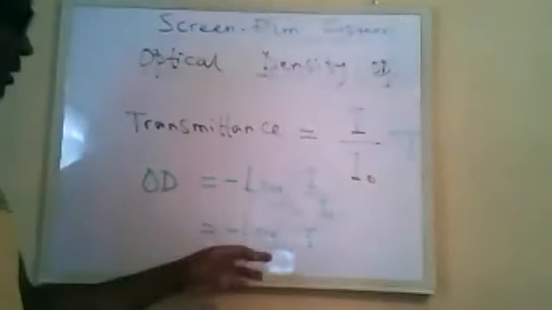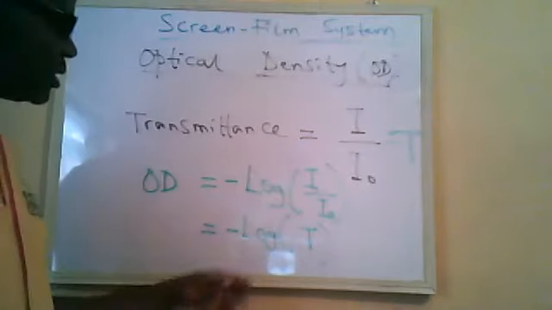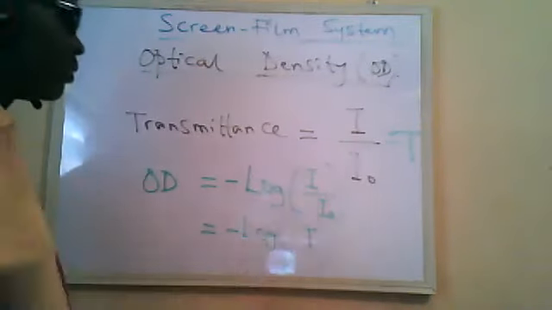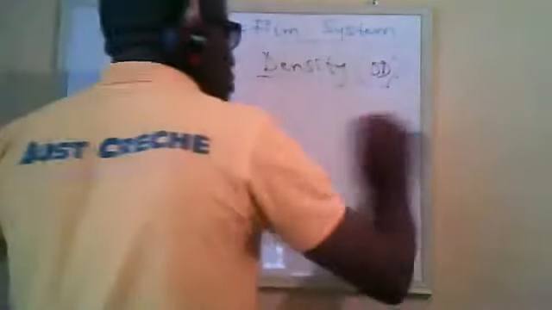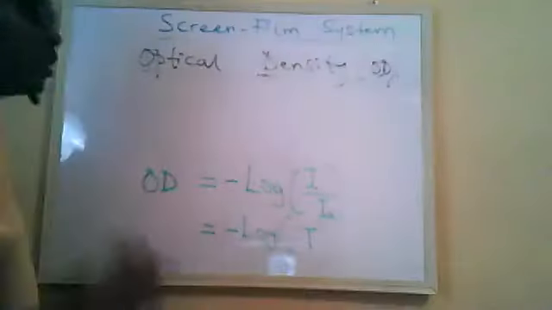So the optical density is just the negative logarithm of this. Questions come from this, and it is good for us to know the relationship.